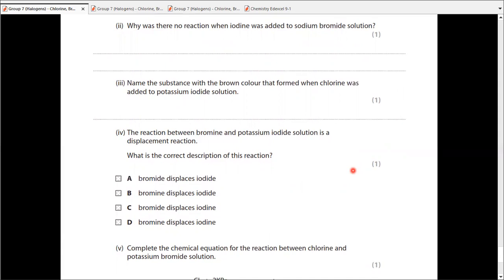Name the substance with the brown color that is formed when chlorine was added to potassium iodide.